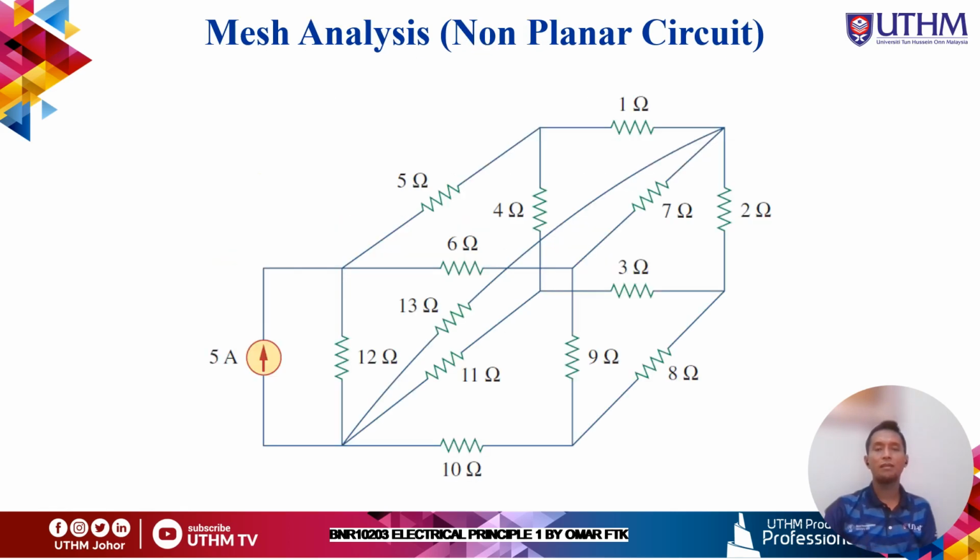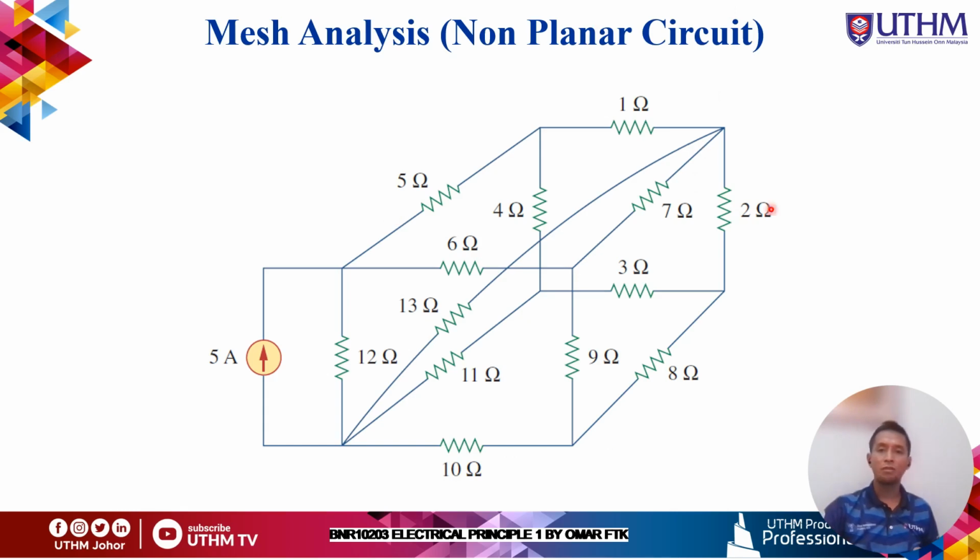So this is an example of a non-planar circuit. If we look here, we have a crossing element between another element. If we try to redraw it, it still crosses the other element, so we have to consider it non-planar. So it cannot be used in mesh analysis.